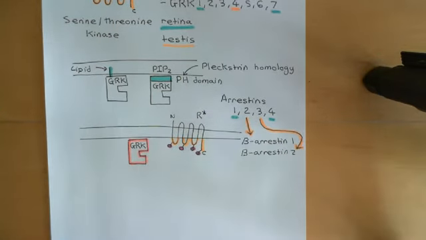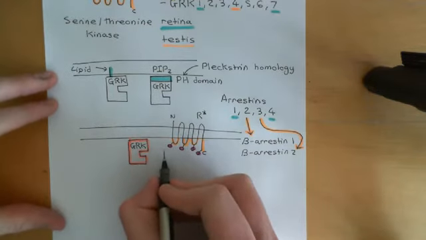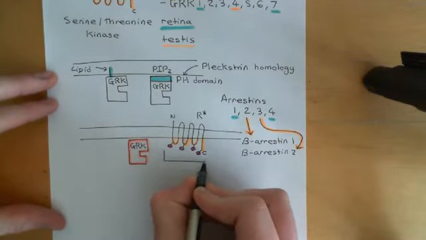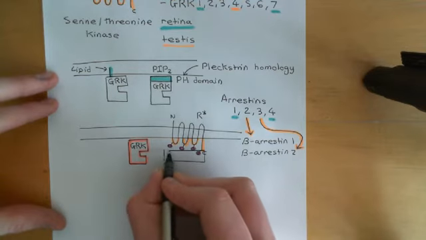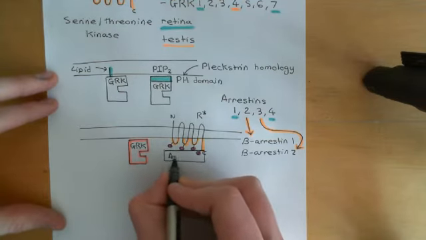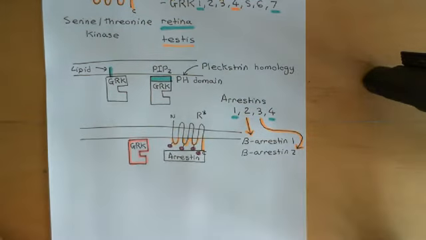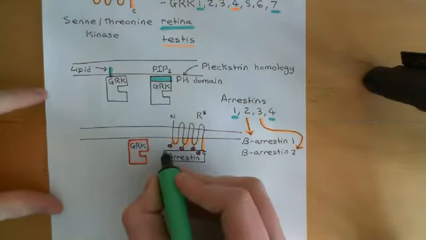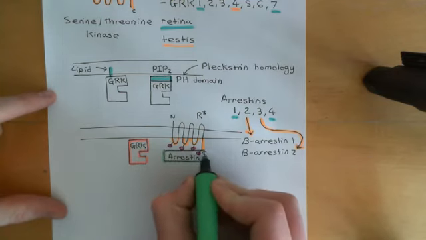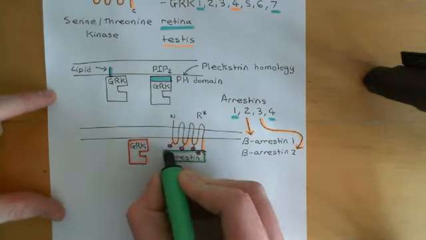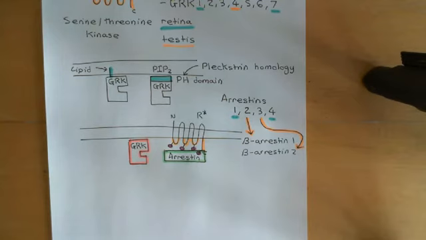Basically, what can happen is, once your G protein coupled receptor has been phosphorylated in this way, one of these arrestin proteins can come and bind to the base of it, like so. So here is your arrestin protein. The first thing this does is that the activated G protein coupled receptor is effectively turned off, because now it's got this massive great arrestin protein bound to its intracellular aspect that is getting in the way.